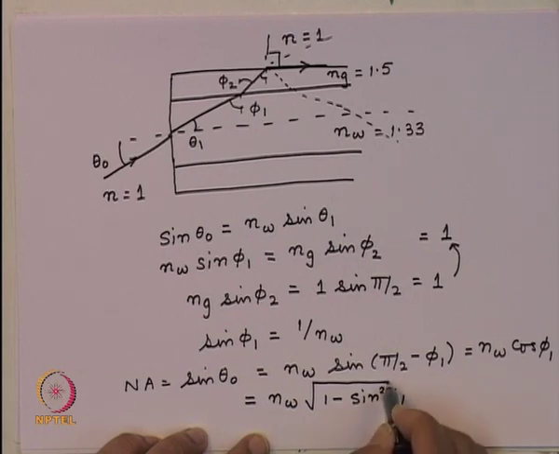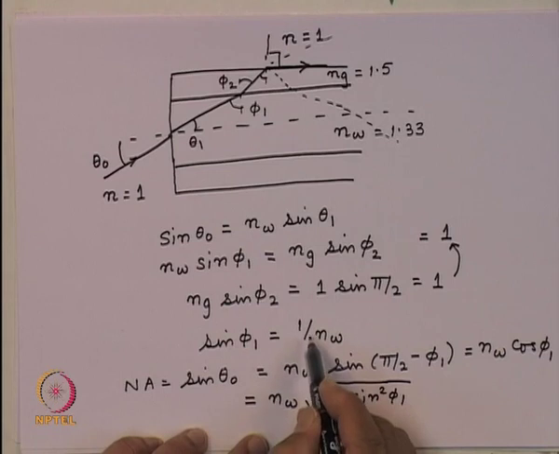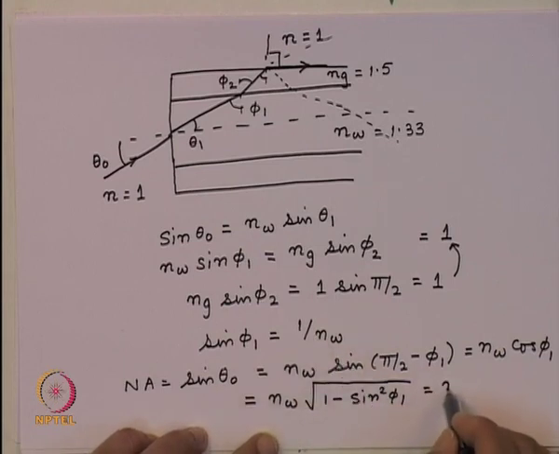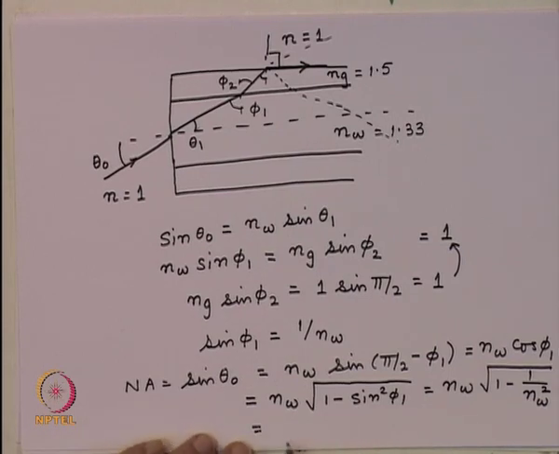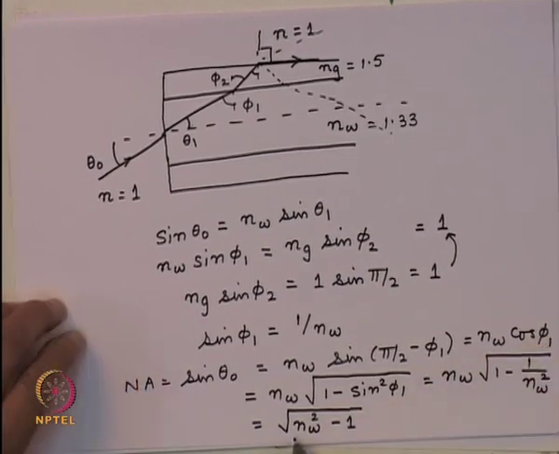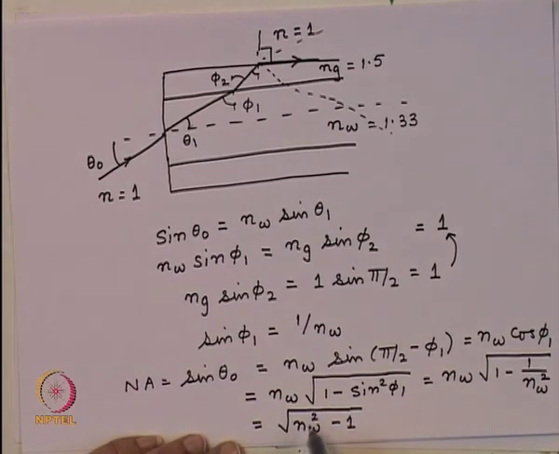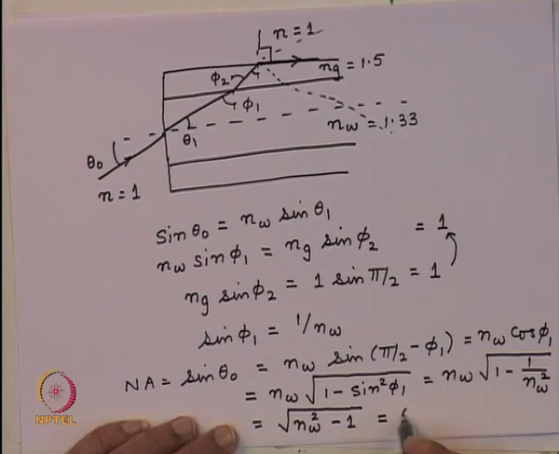Since sine phi 1 is 1 upon n w, this is equal to n w square root of 1 minus 1 upon n w square, which is equal to square root of n w square minus 1. Since n w is given as 1.33, I can substitute that value. So, the numerical aperture for this system would be equal to 0.87.